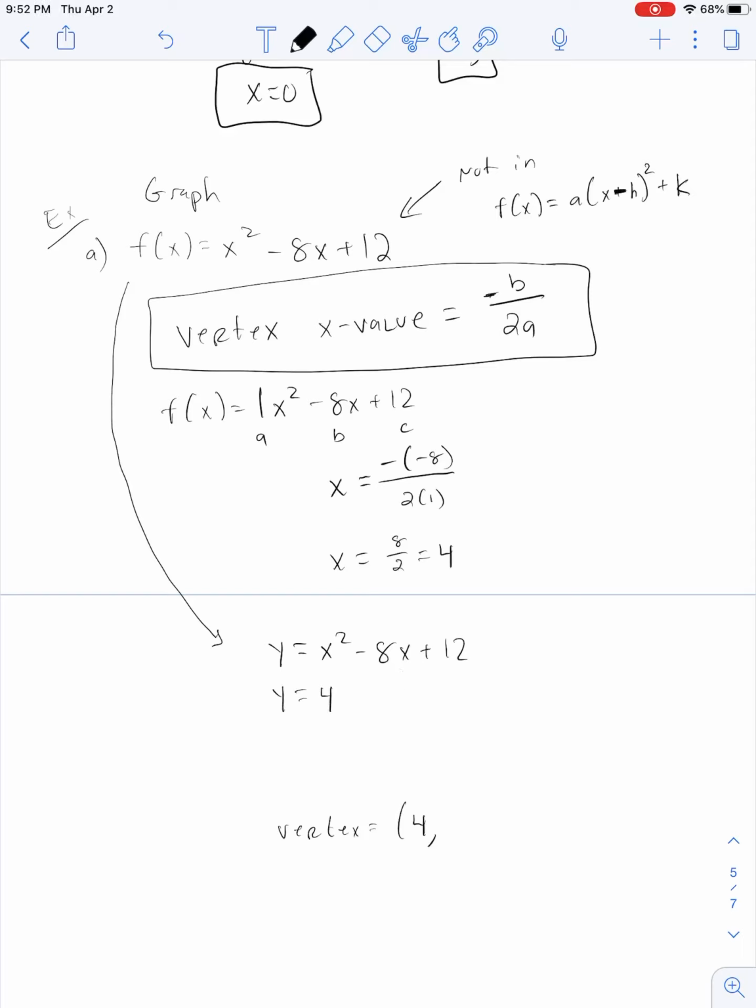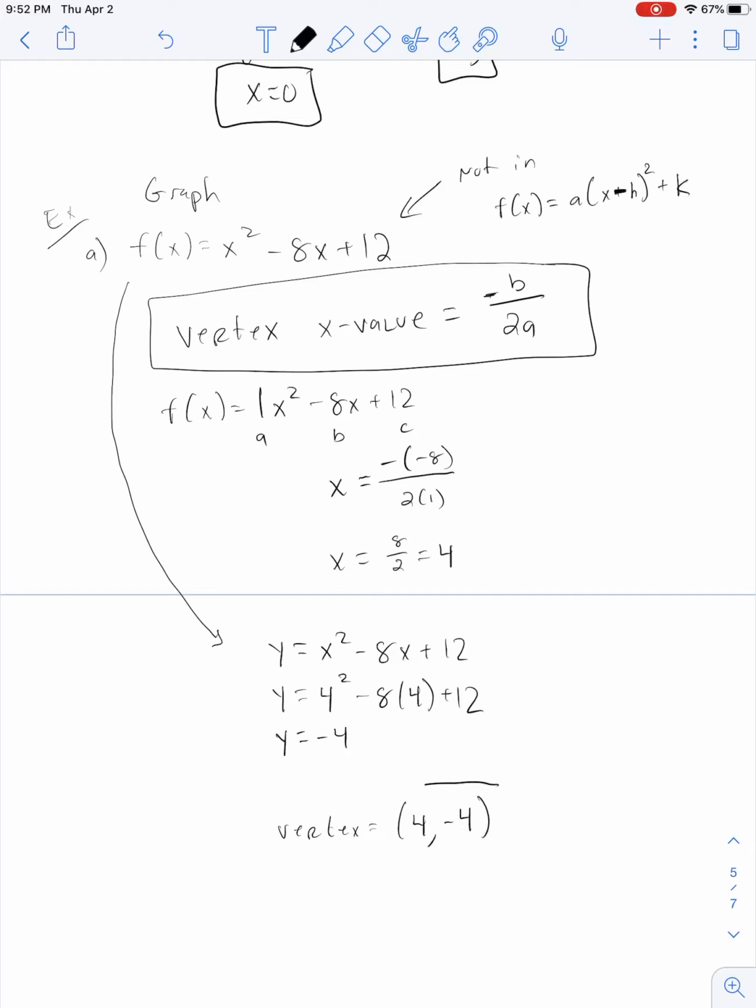So y equals 4 squared minus 8 times 4 plus 12. And now from there, all you're doing is some nice simple math. You should be able to put that in your calculator pretty easily. You have 4 squared minus 8 times 4, you add 12, and this will give you y equal to negative 4.